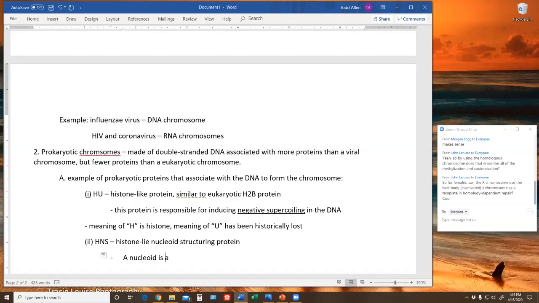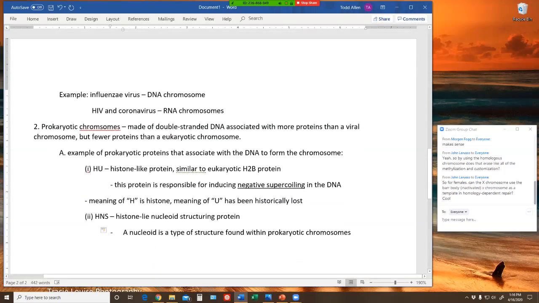A nucleoid is a type of structure found within prokaryotic chromosomes. The purpose of this protein is to help regulate the process of gene expression. So that just gives you an idea for a couple of the proteins we typically find associated with prokaryotic chromosomes.